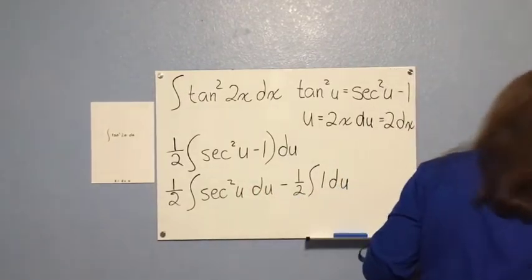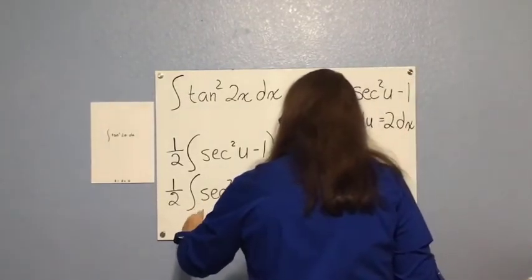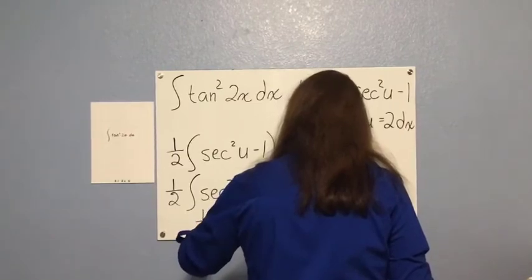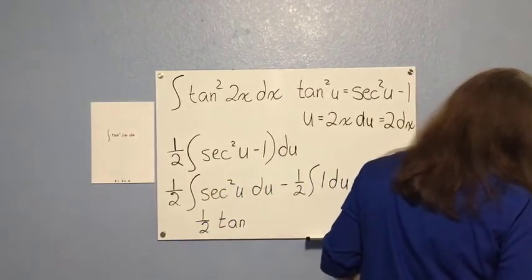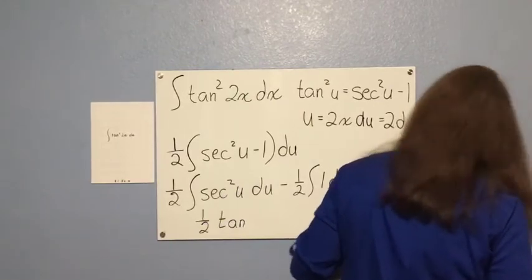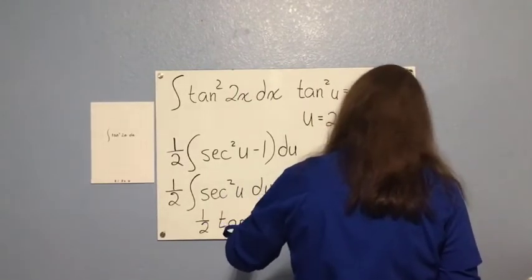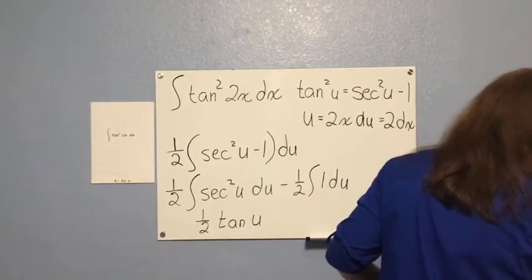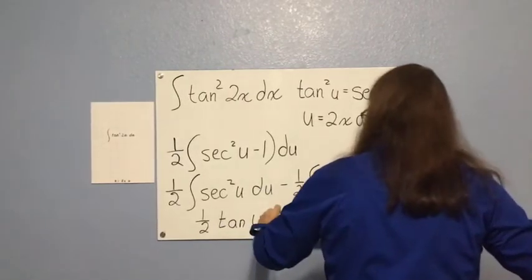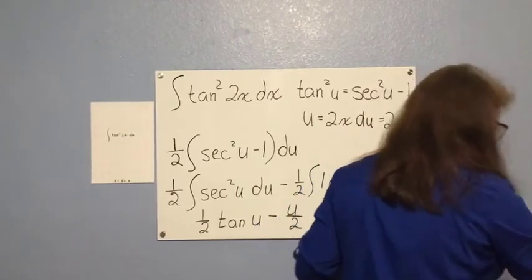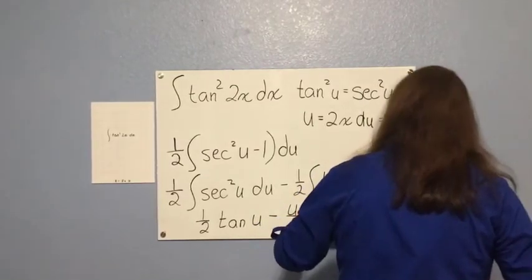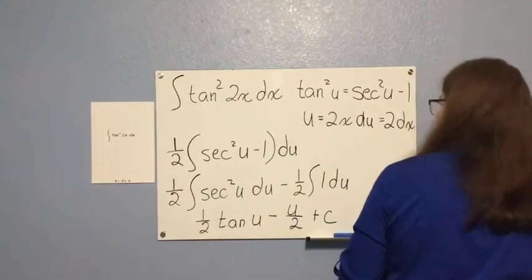Okay, this one's going to integrate to 1/2 tangent of u, and then the second one's just going to be u over 2 plus a constant.